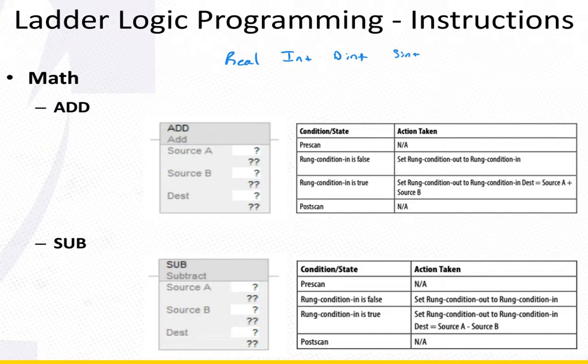So all of these are different representations of numbers. Can it handle all of these? The short answer is yes. Yes, it can. So you can provide a tag that is any of these types, or directly input a number that is any of these types.